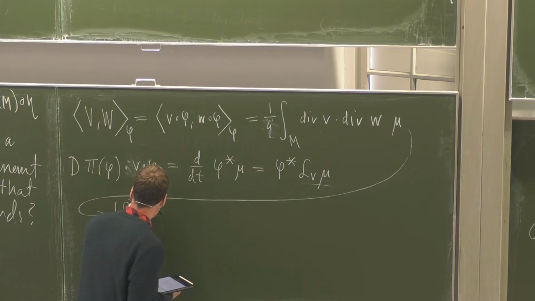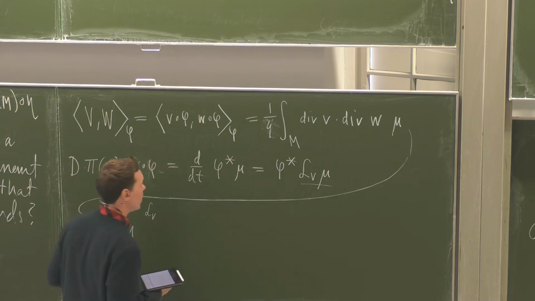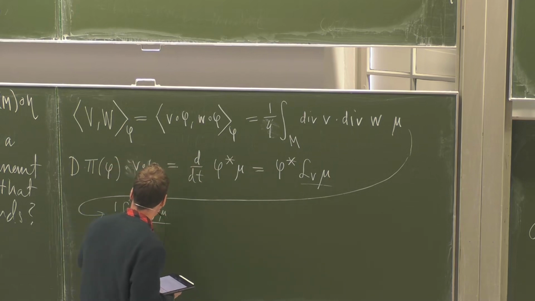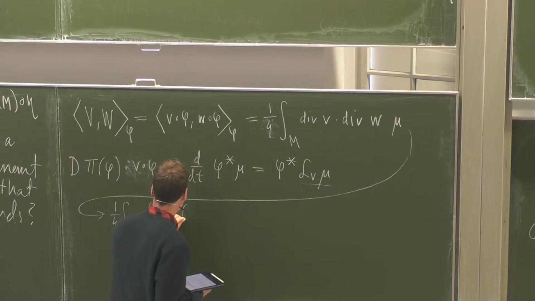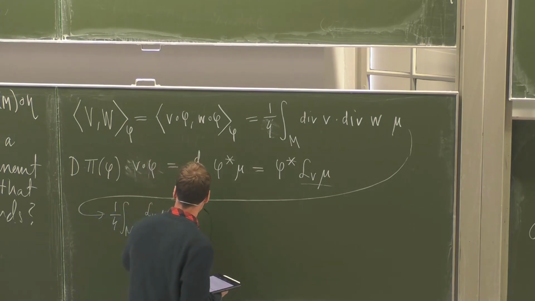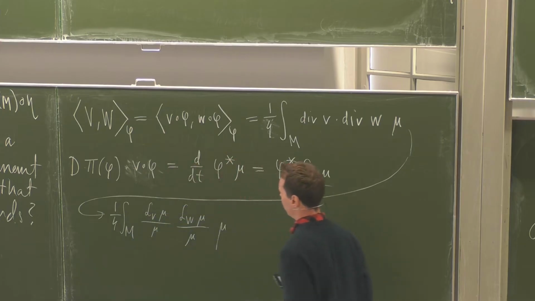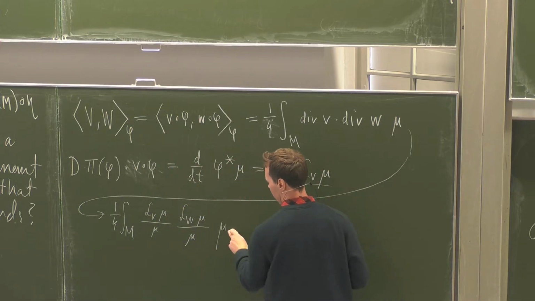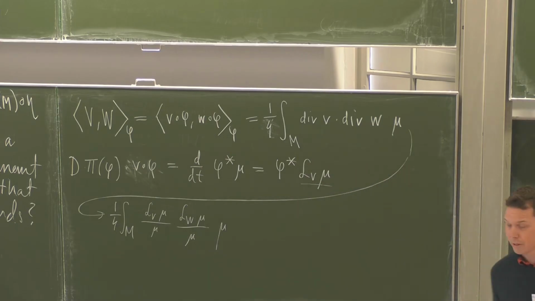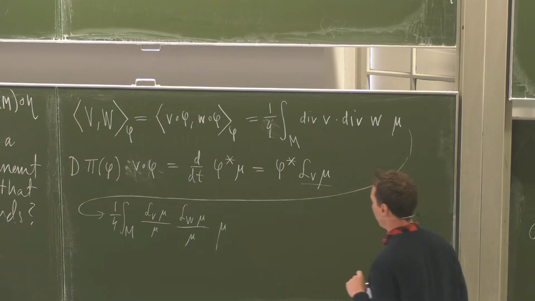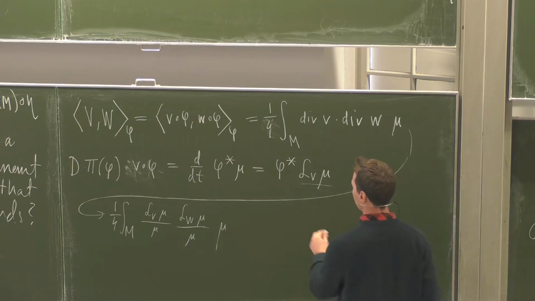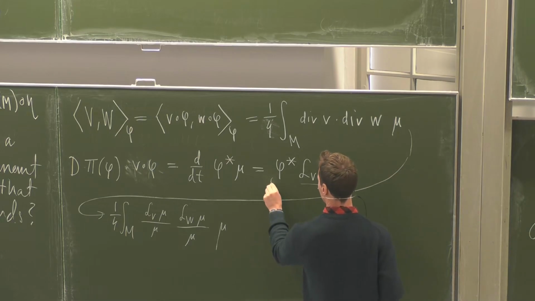I write this as Lie derivative v on mu divided by mu, then Lie derivative w on mu divided by mu, integrated with respect to mu. These are 2 functions. You will see later why I do this, because essentially this will be my tangent vector downstairs. This will be my rho dot.